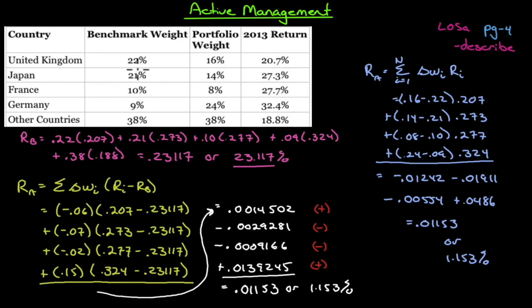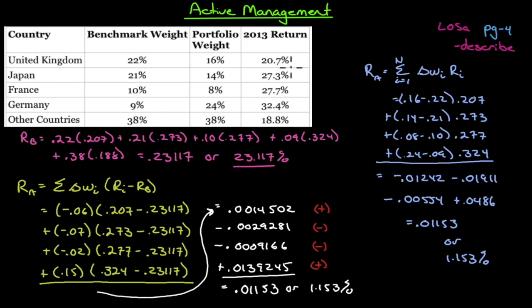We just take each of the benchmark weights and multiply it by the return. And that's what I've done here. You can verify that all of these are just the benchmark weight times this return plus the benchmark weight times this return, on and on and on. And the benchmark returned 23.117%.